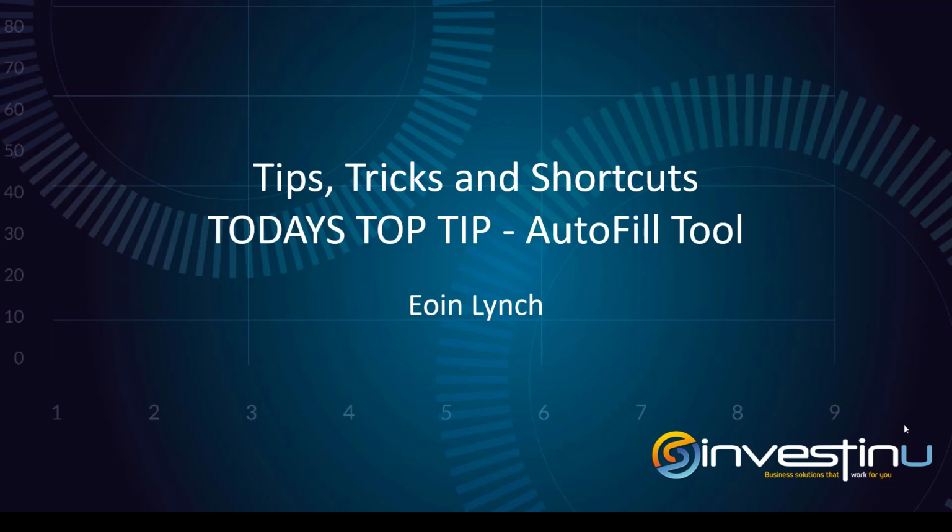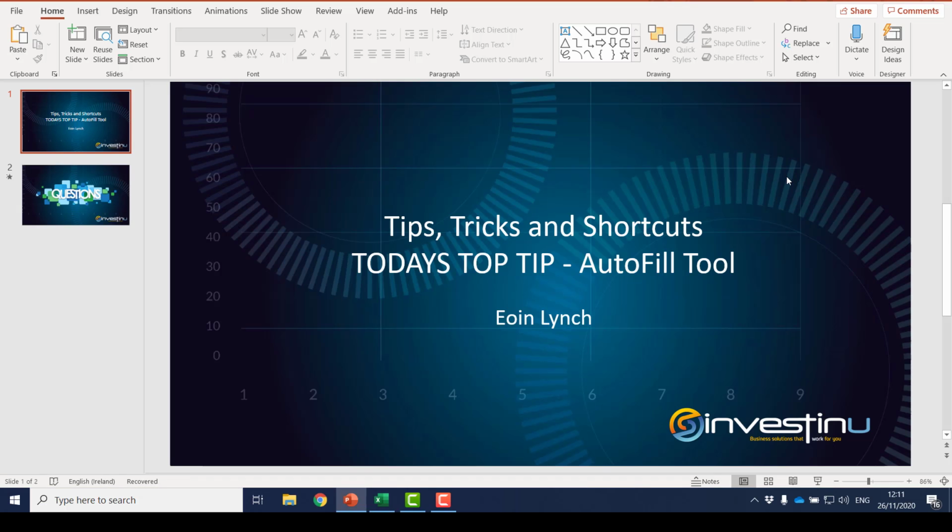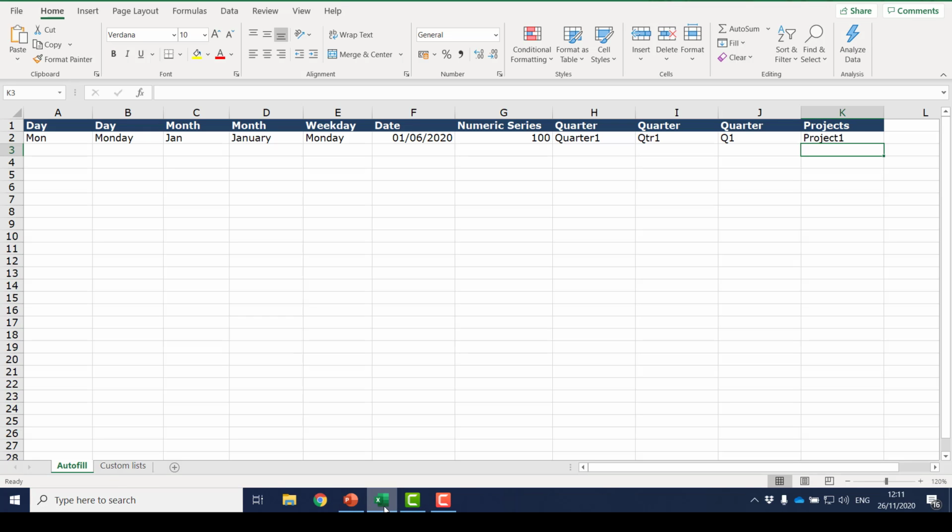So let's step out of PowerPoint for a second and take a look at Excel. I'm just going to open up my Excel file here. One thing I have noticed, and I don't know if this is a bug in any of the latest versions of Excel, as you can see from my screen I'm using Excel 365, or as it's referred to now, Microsoft 365.